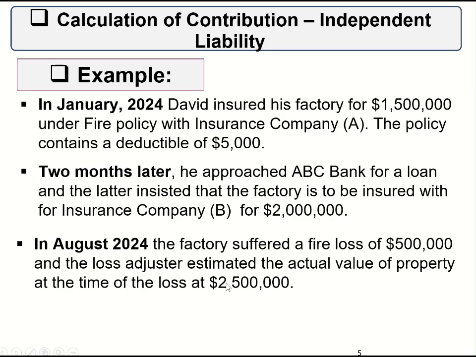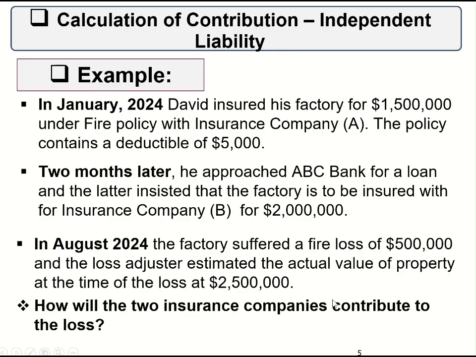So there is underinsurance and average should be applied. And if you look at the second policy, sum insured 2 million and the actual value 2.5 million, so average should be applied. So in this case, we should use the independent liability method. How will the two insurance companies contribute to the loss? We'll see how.